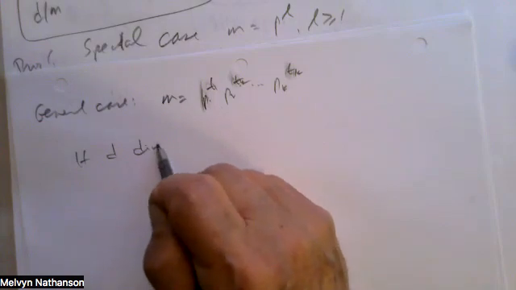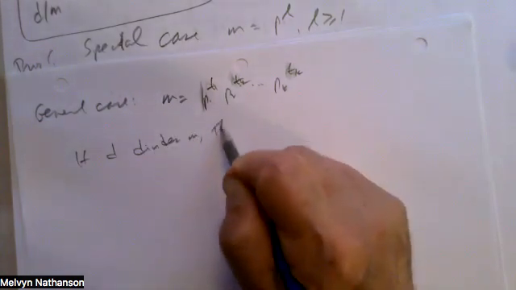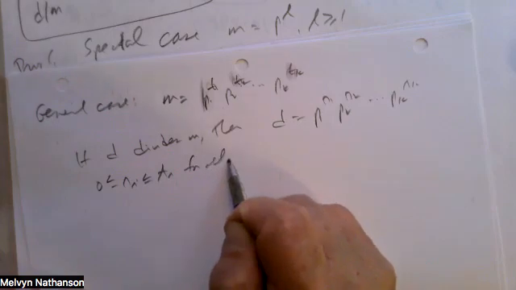And if d divides m, then d has to be a product of powers of these same primes, p1 to the r1, p2 to the r2, pk to the r sub k, where for every one of these primes, the exponent ri is between 0 and t sub i. Right?